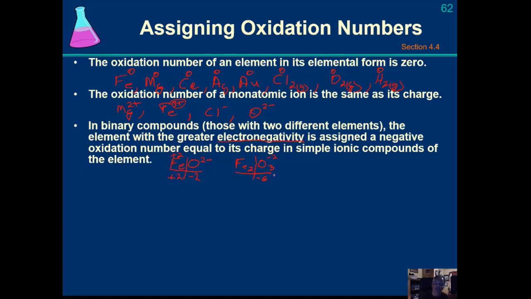All compounds are neutral, and so this has to be a +6. +6 and -6 is equal to 0 charge. That tells me this is a +3. Why? Because I've got 2 irons, so I have to split that +6 between those 2 irons. That tells me that's a +3. This is iron(III) oxide.